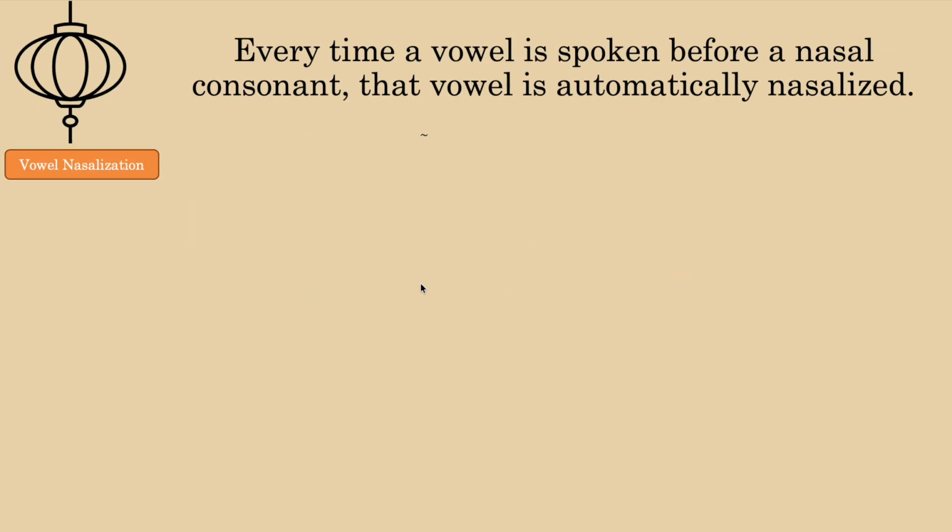Okay, let's talk about vowel nasalization. This is what happens when you have a vowel followed by a nasal, which will occur very often. You don't have consonants before nasals. So whenever a nasal appears, you know that the vowel is going to be affected.